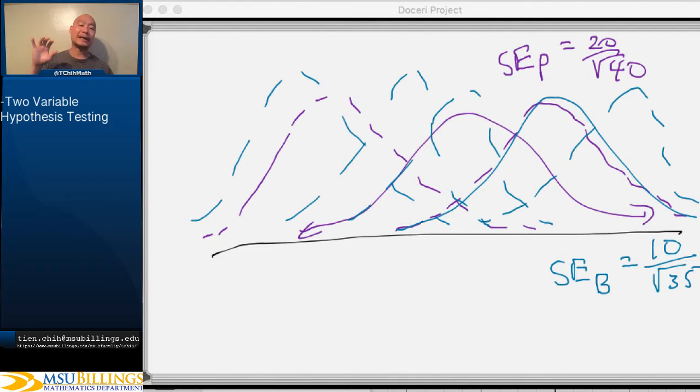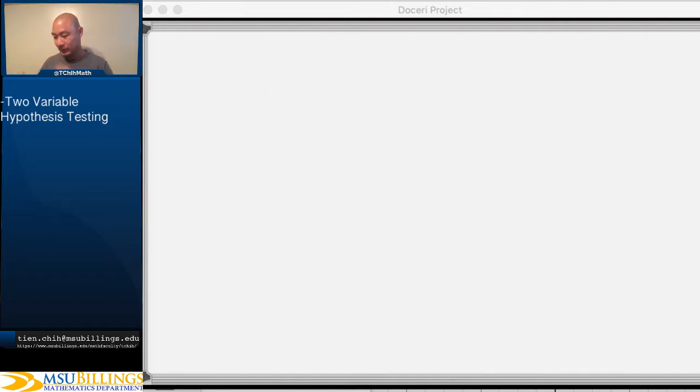And so what we would like to do is reduce this down to be talking about one random variable. So let's talk about two different random variables here.